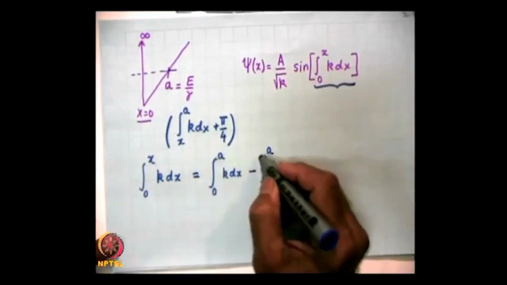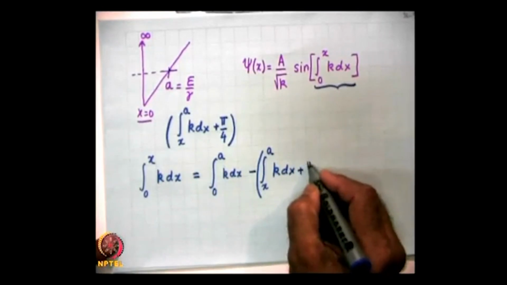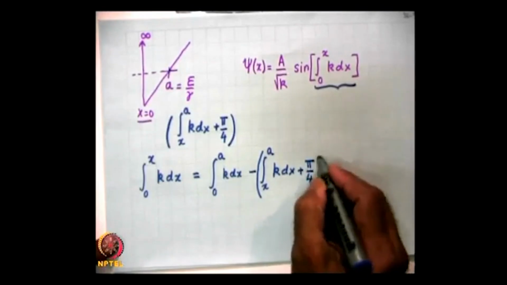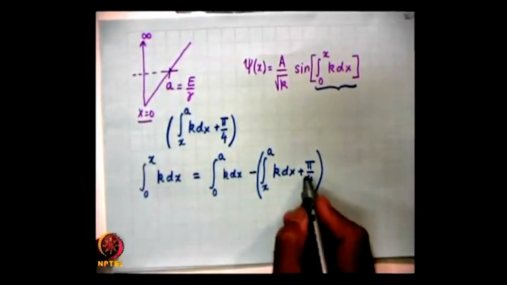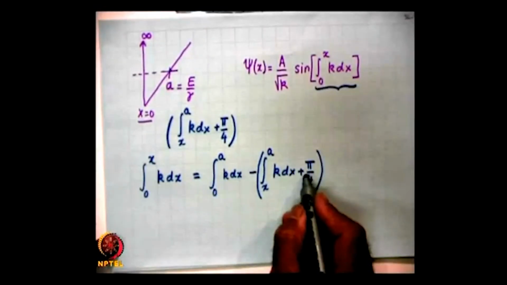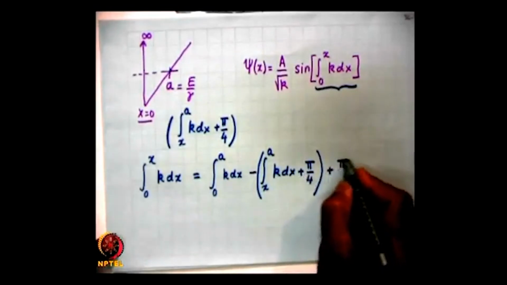Then I must add pi by 4, and because I have added pi by 4, I must subtract this pi by 4.